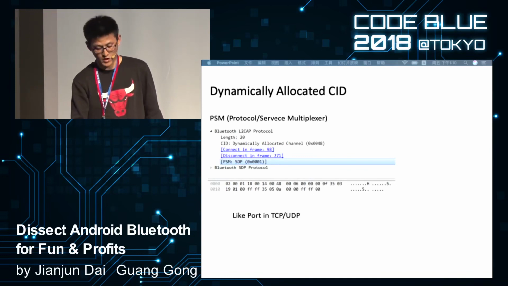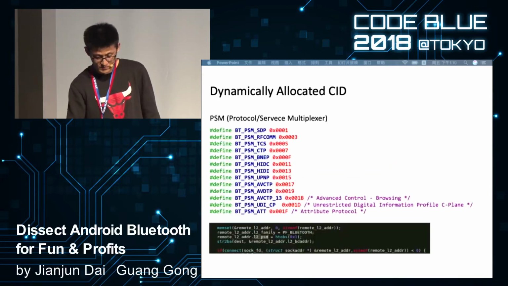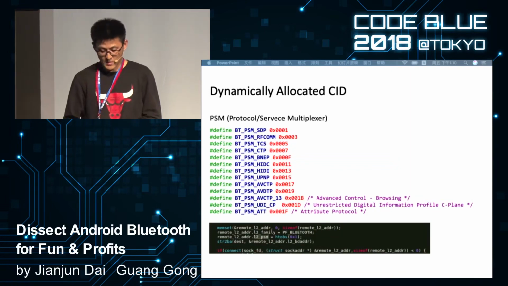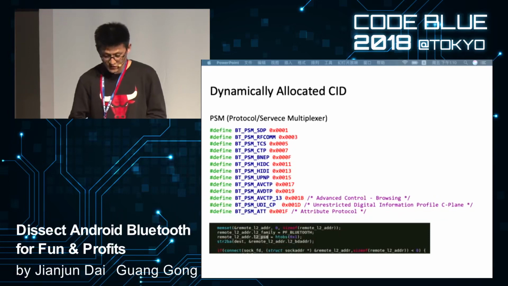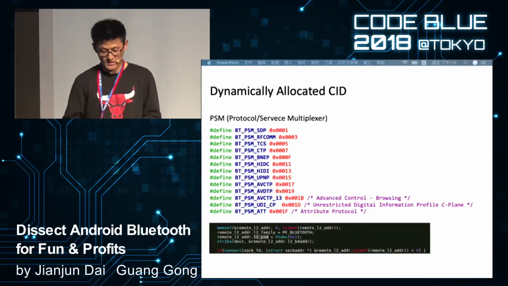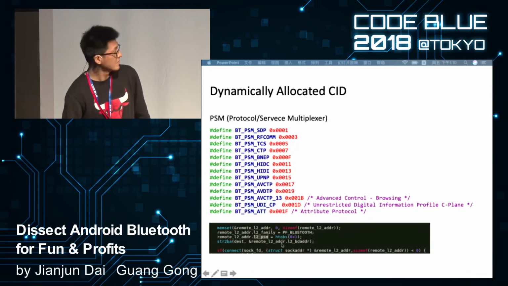PSM seems like the port of TCP. Each upper layer protocol defines its own PSM value. For example, SDP's PSM is 1. When creating a socket using PSM, we just set the value of the member l2_psm.